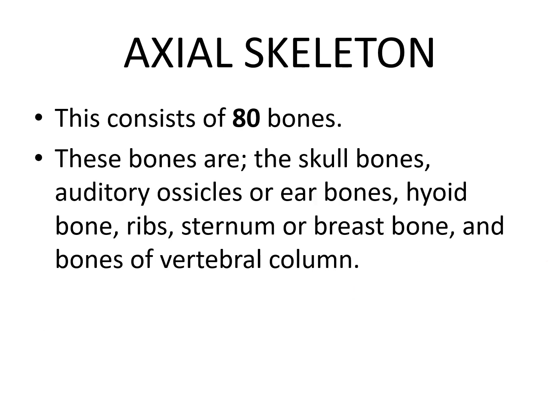This axial skeleton consists of 80 bones. These are the bones of the skull, the auditory ossicles, the hyoid bone, the ribs, sternum, and bones of the vertebral column.